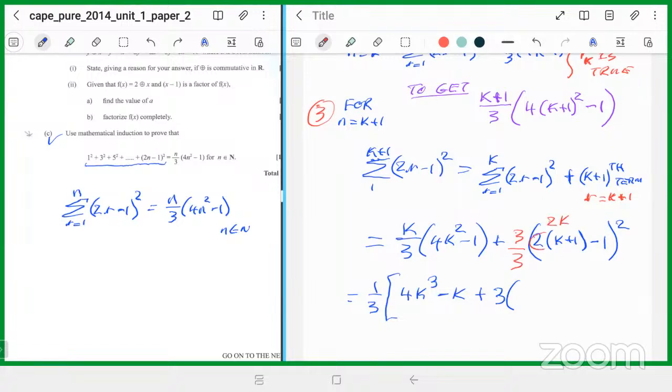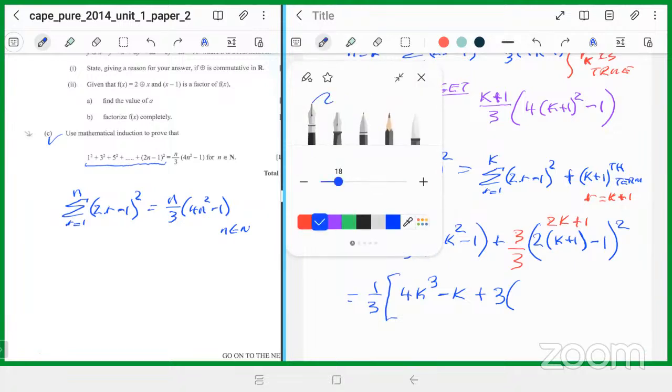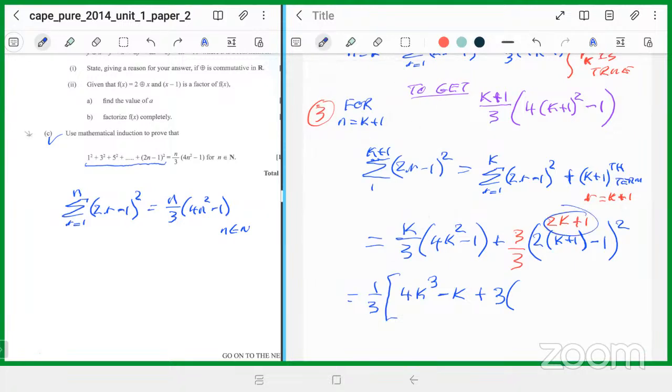Then we have 2 times 1 is 2, and 2 minus 1 is 1. So we really have 2k plus 1. This really works out to 2k plus 1, and I'm squaring it. So all I'm going to do now is expand the squared term of the 2k plus 1. Your algebra must be good. So when I square this expression now, I square this first, I'm going to get 4k squared.